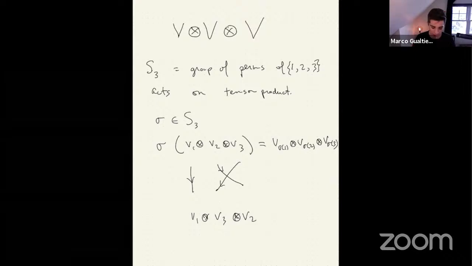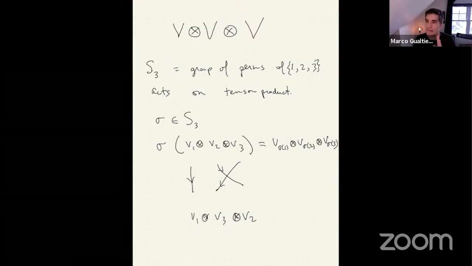This would not be possible if these were different vector spaces. If this was W, then I would not be able to switch 2 elements because it would not be in the same vector space. So permutations act on tensors when they're tensors of V, V, V.